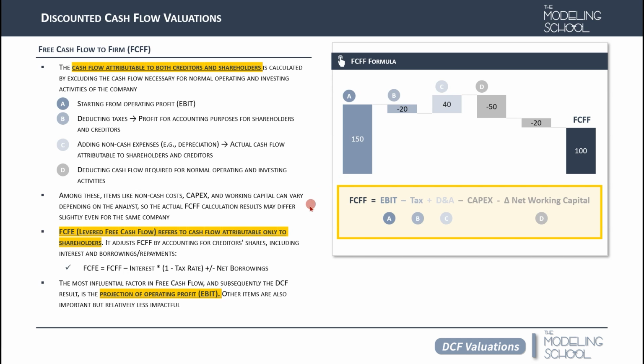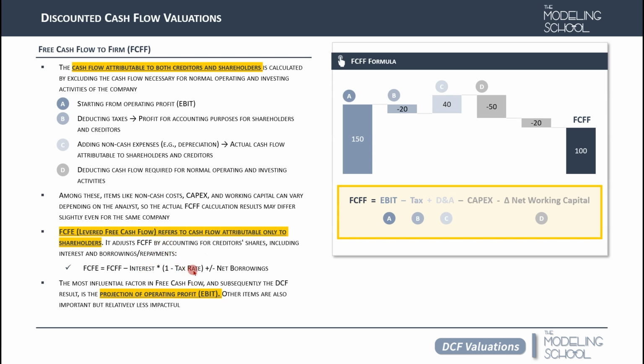Next, we do also have a different type of free cash flow. It's called free cash flow to equity, or FCFE, or it can also be called levered free cash flow. This time it refers to free cash flow attributable only to the shareholders. So what happens is we remove the creditors' portion from FCFF and we get to FCFE.